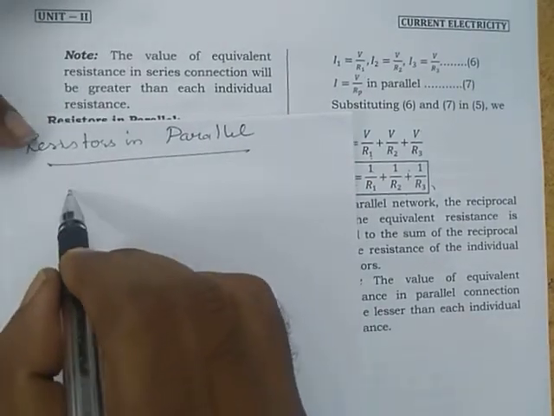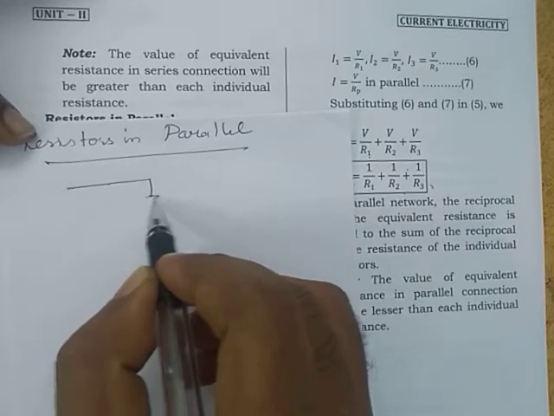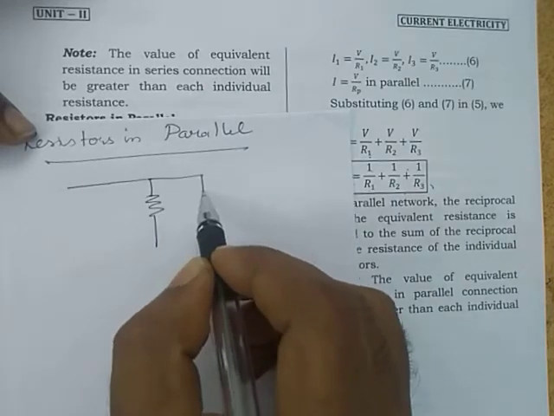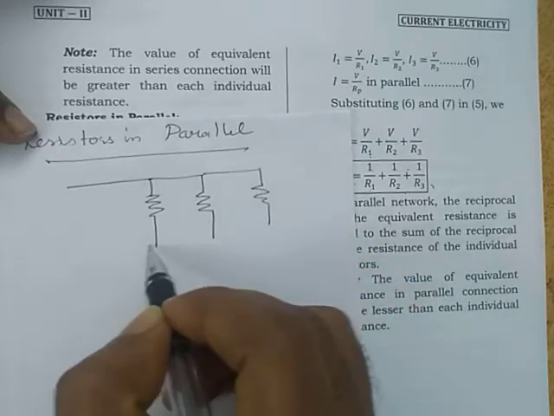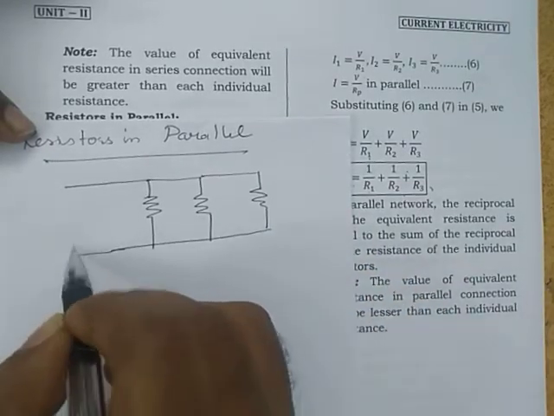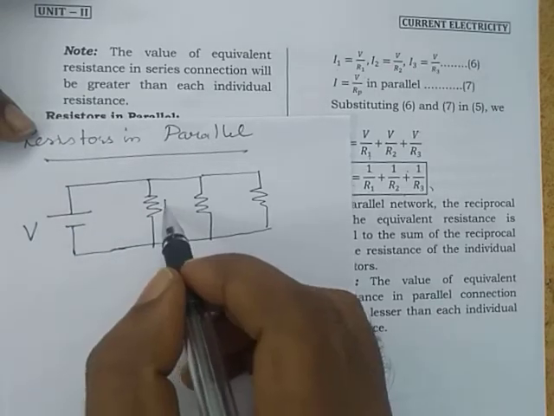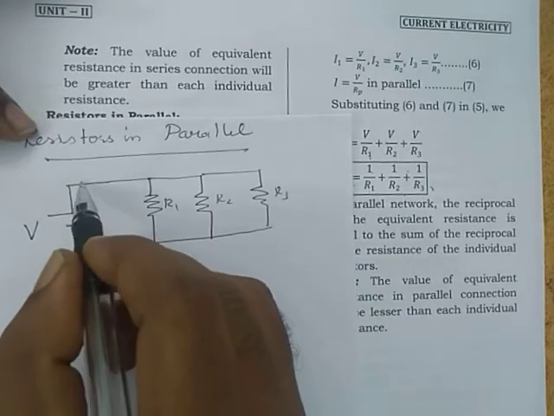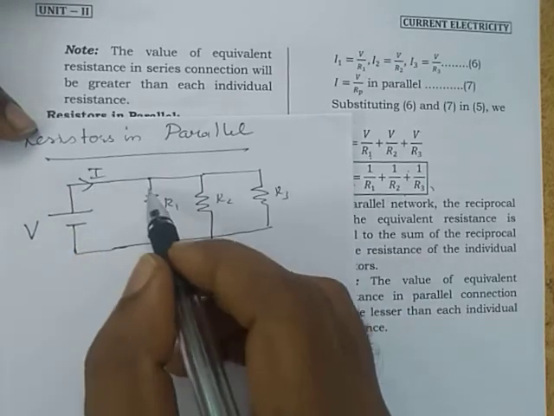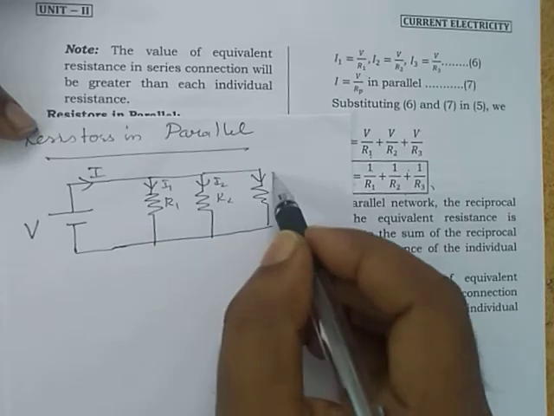First of all, we need to draw a diagram, having three resistors that are connected in parallel across a battery of potential difference V. Here it is R1, R2, R3. By connecting this, there will be a current I. This current is divided into I1, I2, I3.